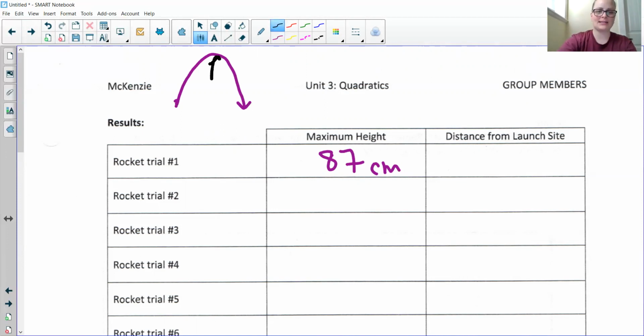The max height was 87, and I measured it against my garage door because it was easy to spot how high up it went. Is this an exact measurement? No. It was an estimation of how high it went up. You're also going to measure the distance from the launch site that it lands. In the first case, I think it was 77 centimeters.